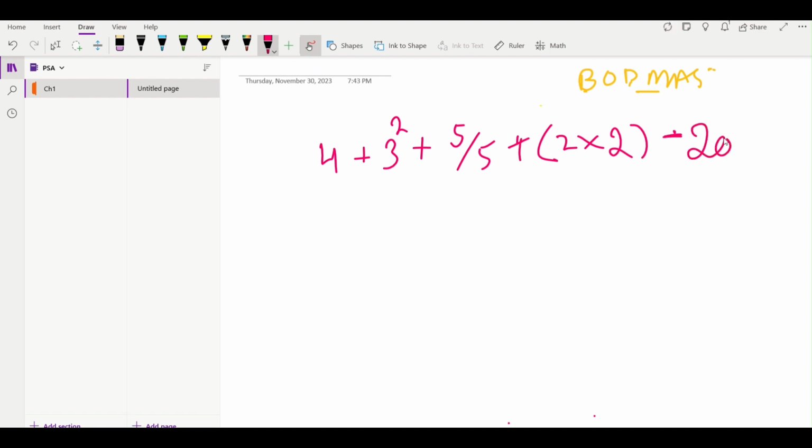So this is our question. We have to solve it using BODMAS: bracket, order, division, multiplication, addition, subtraction.